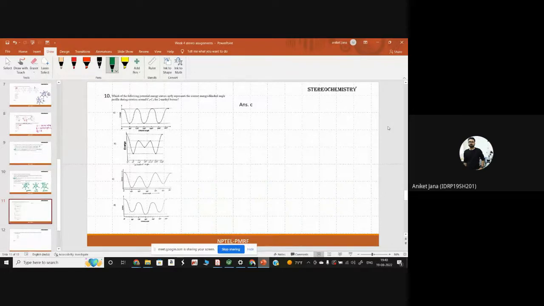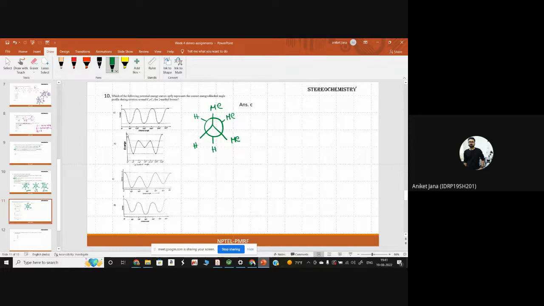So here we have to discuss the energy dihedral angle profile of the C2-C3 bond of 2-methylbutane. So first tell me, what does the starting point signify?